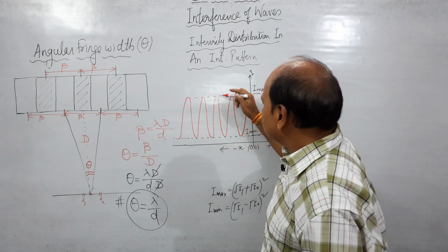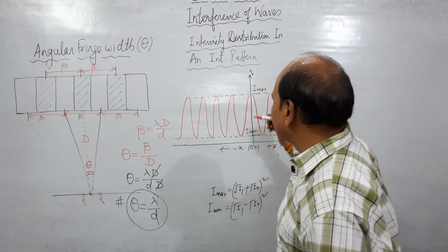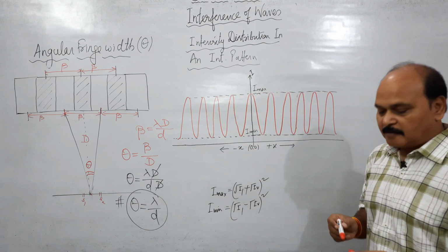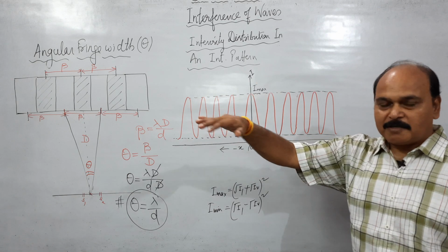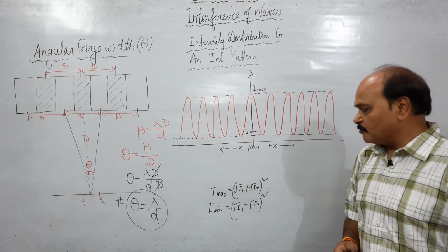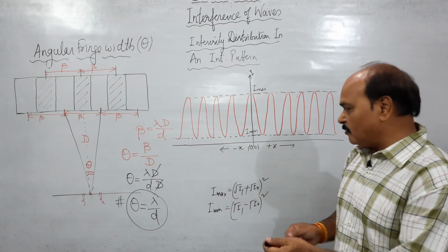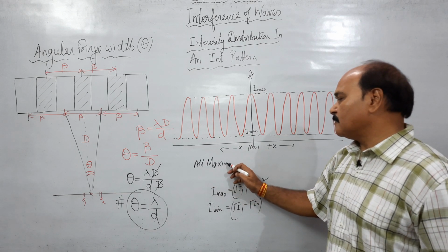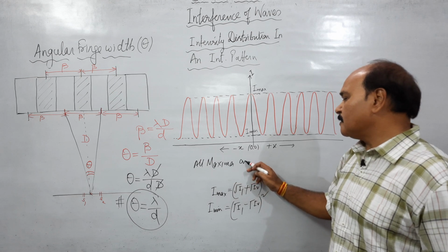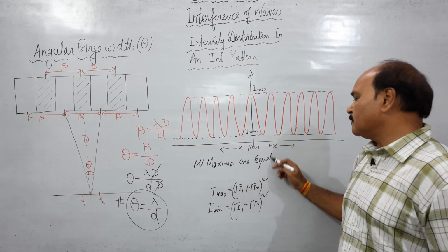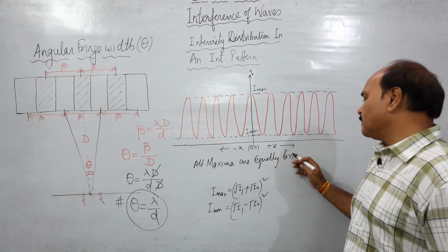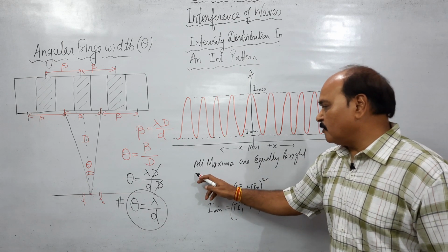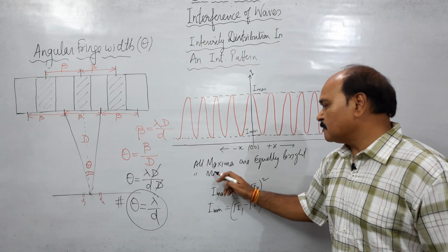What is special about this distribution is the fact that all maximas are equally bright and all minimas are equally dark, if it is the interference pattern of light.